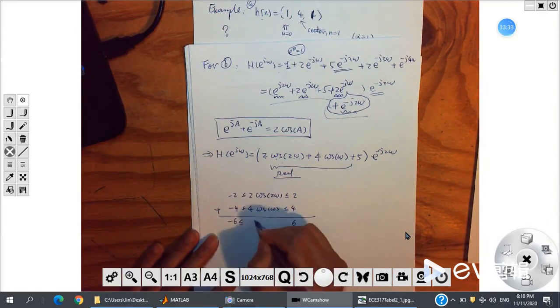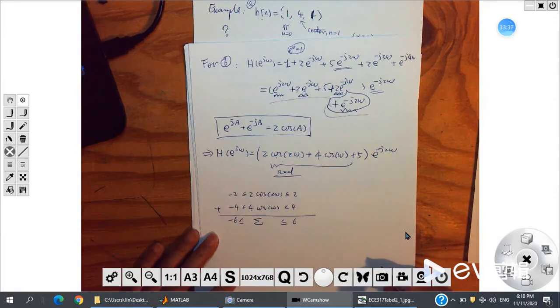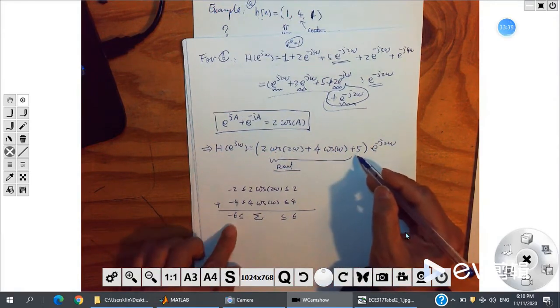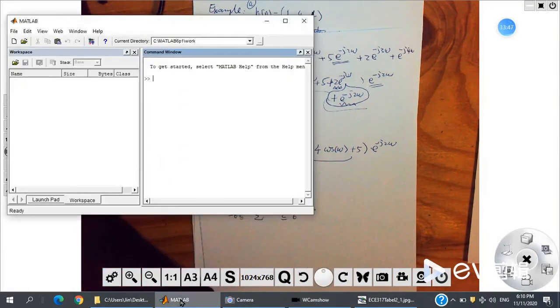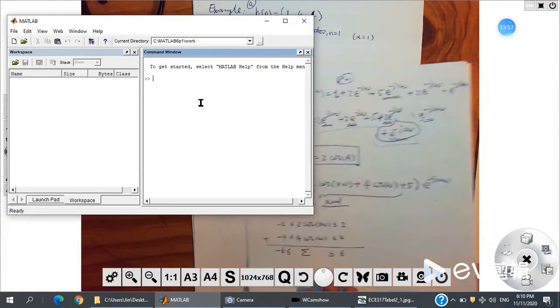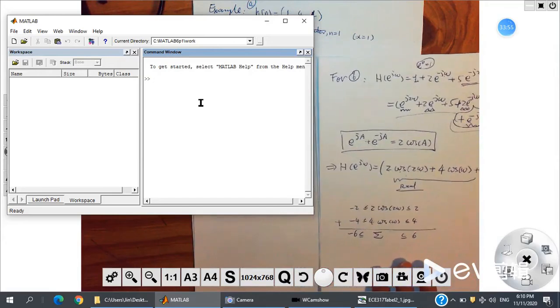Then you plus 5. Can you make sure this is positive? You're not so sure, right? Then we can check one more. We can use a computer to do more calculations to see whether this function is always positive.